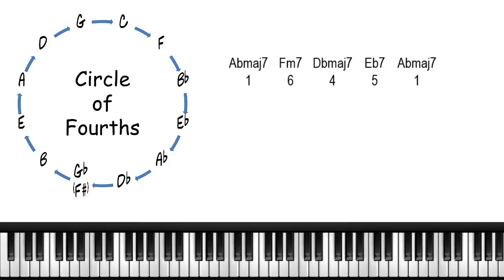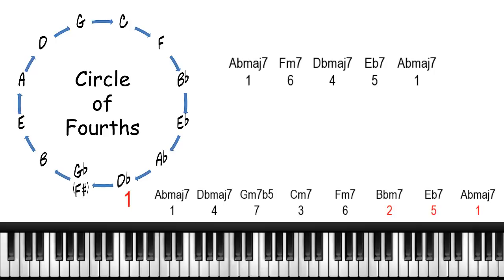This one is real easy, which is why I'm combining it with the 2-5-1s that are borrowed from other related scales. In this case, the 2 of the 5, the only 5 in this particular progression, which is E flat, is B flat, which basically makes it a 2-5-1 in the key of A flat. So B flat is the 2 of E flat, which is the 5 of A flat.